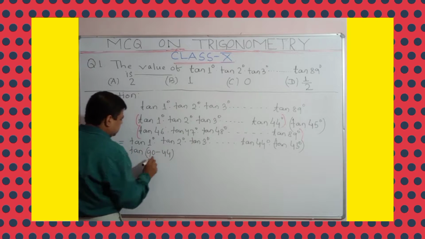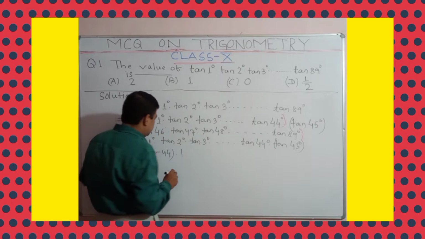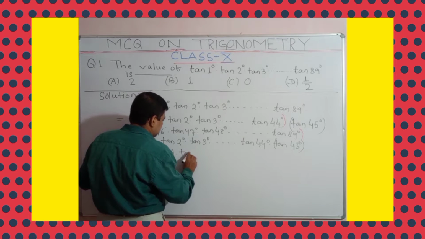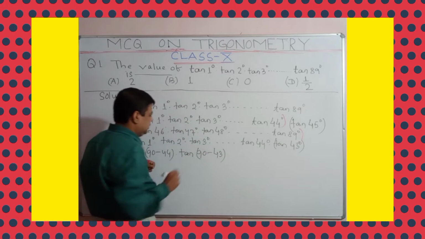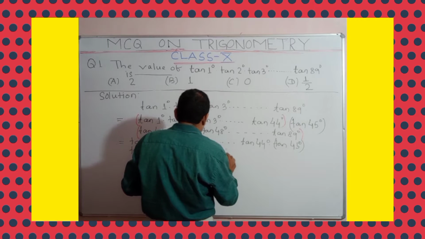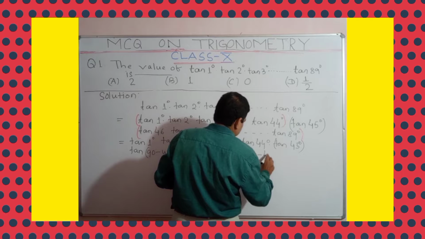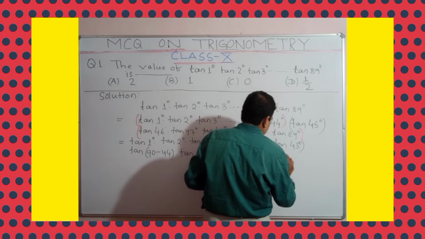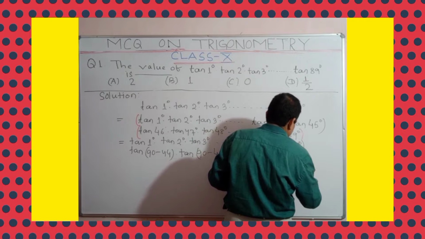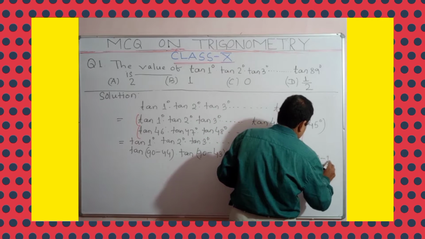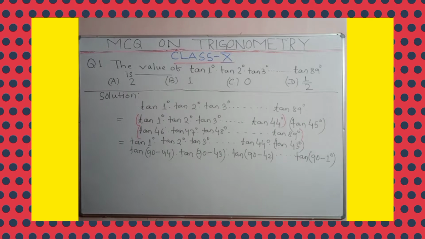Can you write or not? Similarly, the next term tan 47 degree will be written as tan of 90 minus 43 degree, into tan of 90 minus 42 degree. Similarly, the last term tan 89 degree can be written as tan of 90 minus 1 degree. Understand or not?